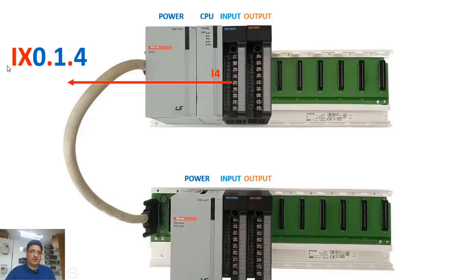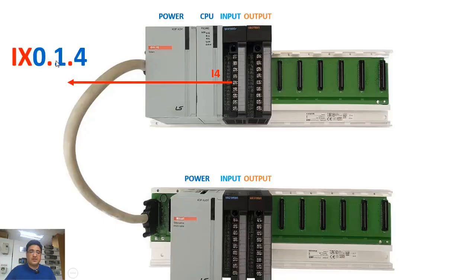%IX0.1.4. So I indicates our input, X shows that it's a bit input, meaning we only want to use one of the inputs. This first 0 indicates the number of our base or rack, and as we said, our main rack is always numbered 0.